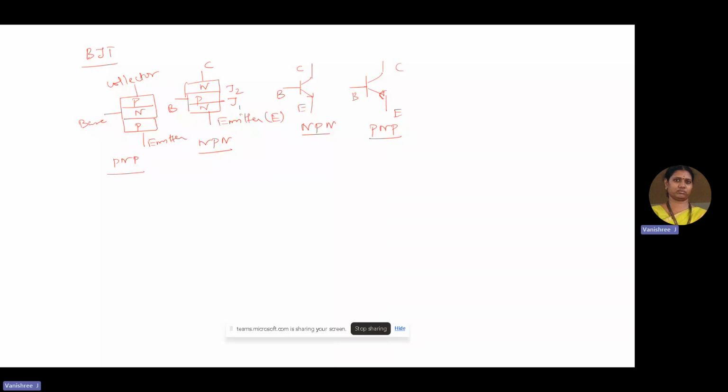Now let us discuss the working principle of BJT. The working can be classified into three regions. One is the cutoff region, in which both the junctions J1 and J2 are reverse biased.